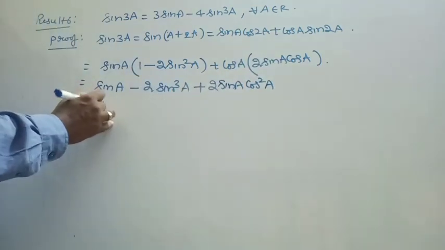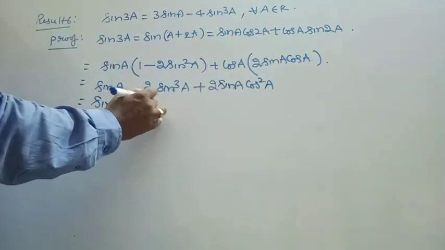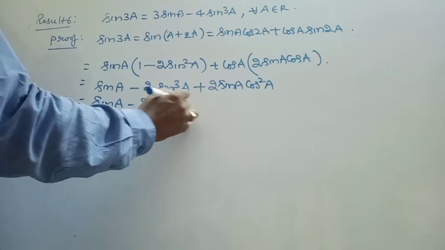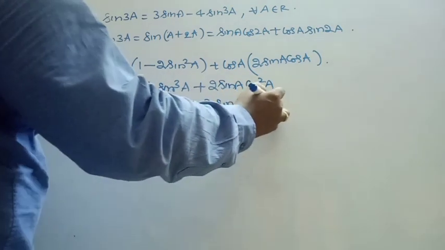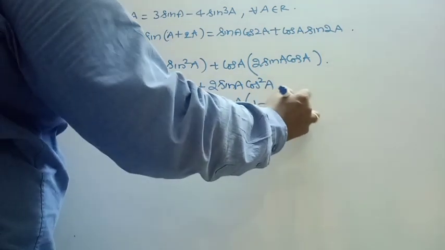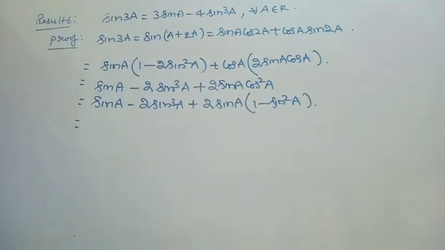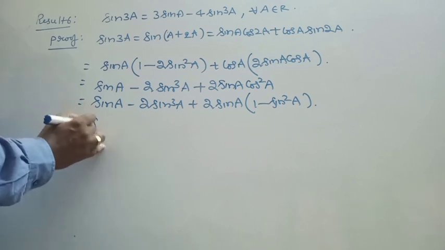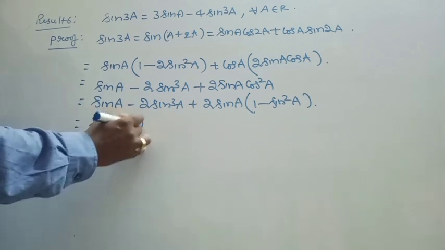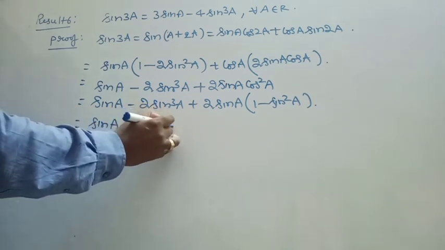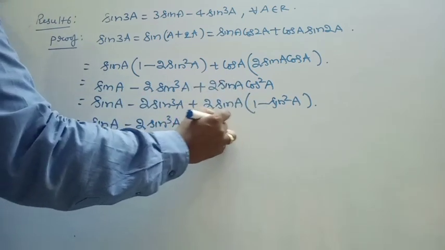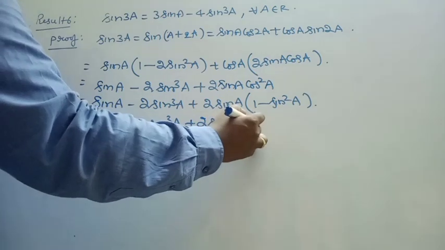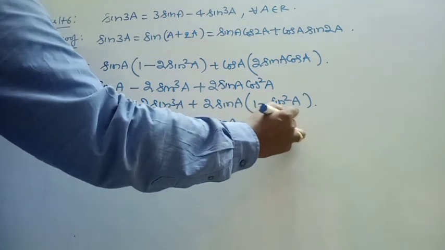Now this equals sin A minus 2 sin cube A plus 2 sin A into cos square A, where cos square A is nothing but 1 minus sin square A. So this is sin A minus 2 sin cube A plus 2 sin A minus 2 sin cube A, like this.